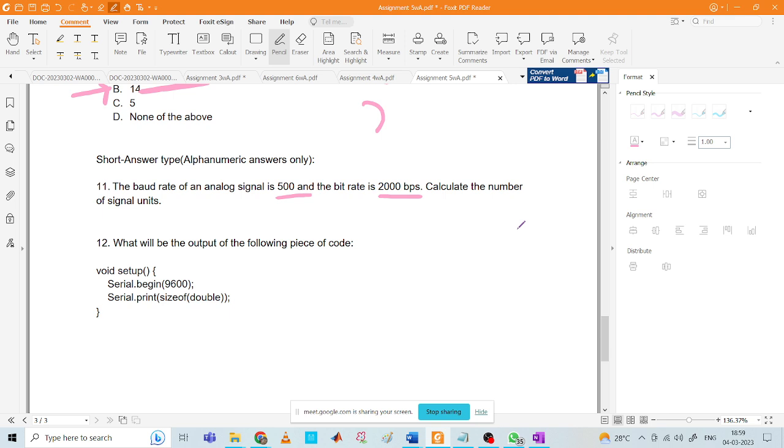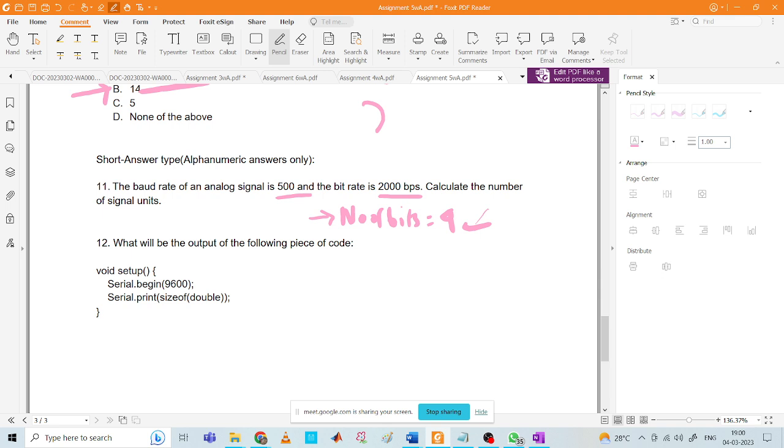Four, sir. You are telling me 4. You are telling me the number of bits is 4, right? This is what you have calculated.